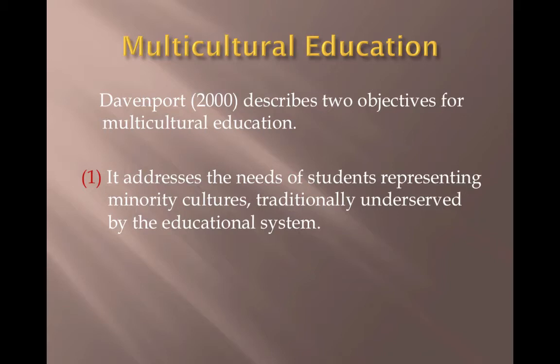There are two main points to multicultural education, two objectives. It addresses the needs of students representing the minority cultures, the minority traditionally underserved by the educational system. And so you have the majority society. Let's just give an example.